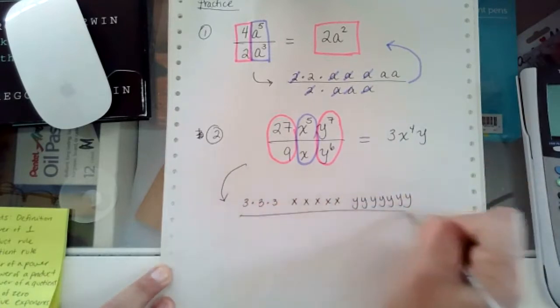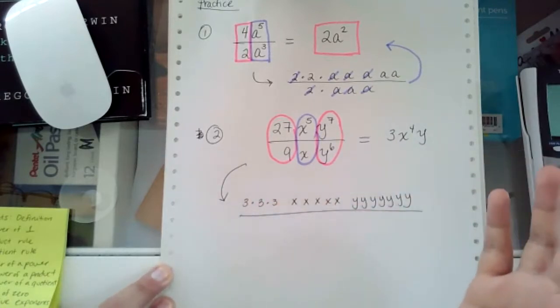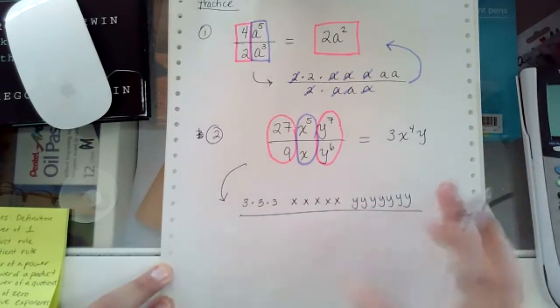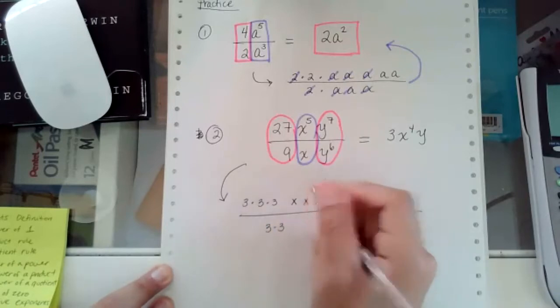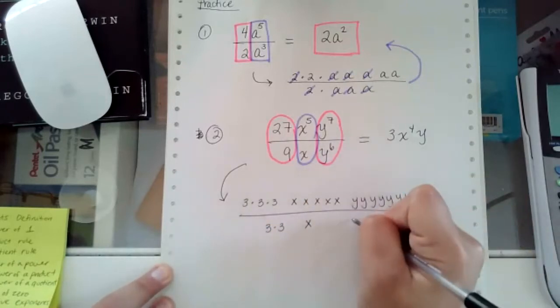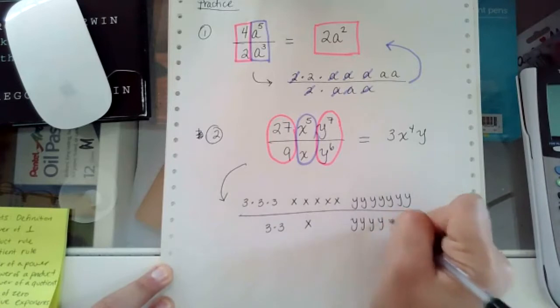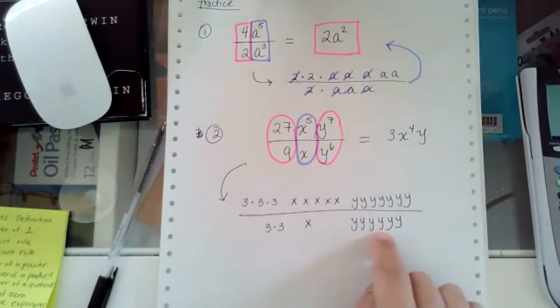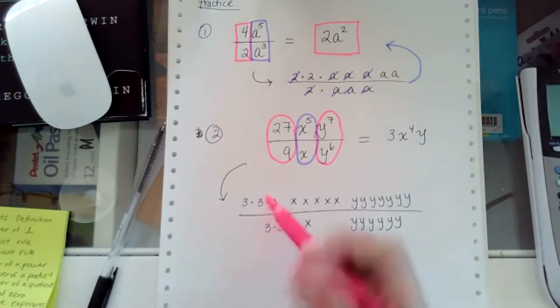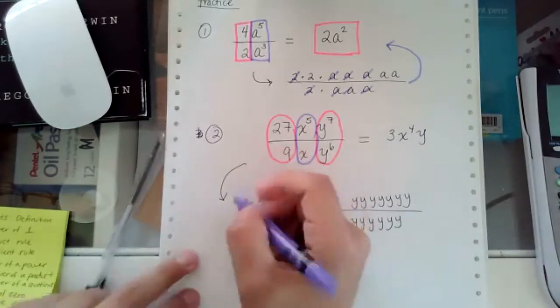See, again, this is why having exponent notation is useful, so that we don't have to repeatedly write these factors. 9 is 3 times 3. Then we have an x here, and we have 1, 2, 3, 4, 5, 6 y's. In any case, we'll cancel our common factors because that's how fractions work.